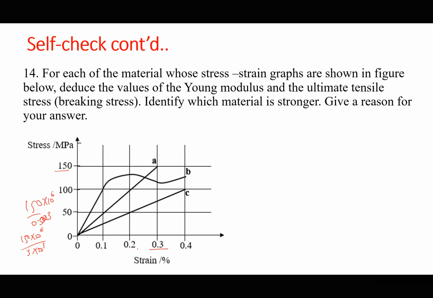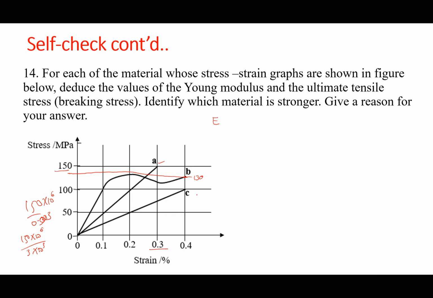And then the ultimate tensile stress, the maximum breaking stress. I think the maximum breaking stress here will be approximately 150, and for B it is approximately this one here, very close to 100, around 130.